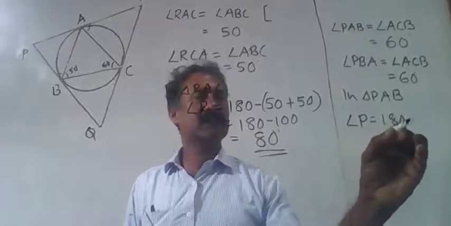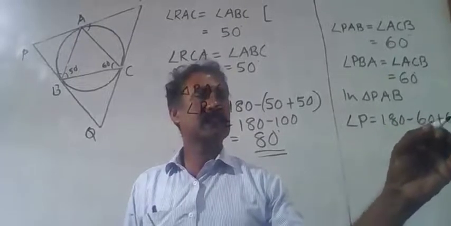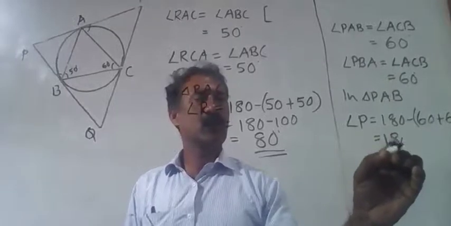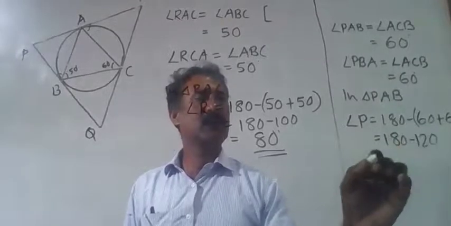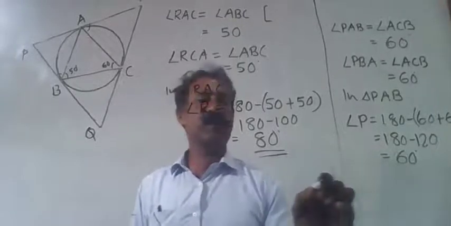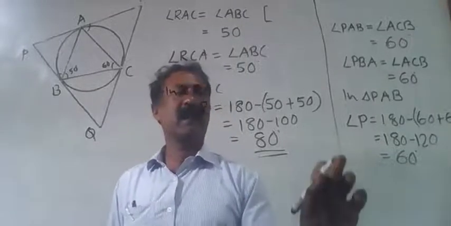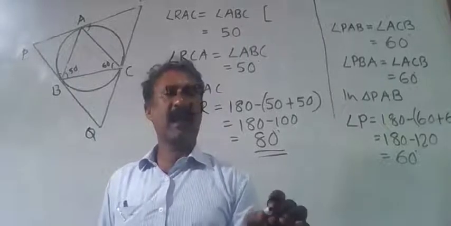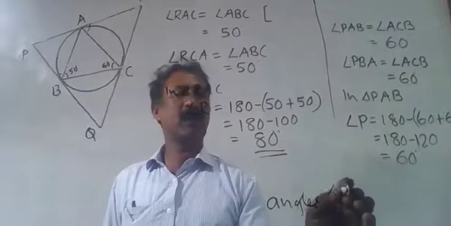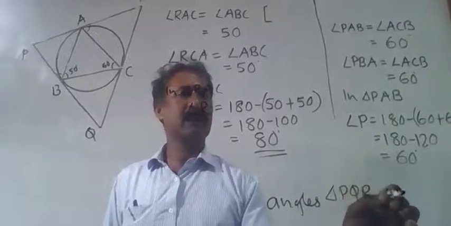Angle P equals 180 minus (60 plus 60), that is 180 minus 120, equal to 60 degrees. Angle P equals 60 degrees. Therefore, we can write the angles of triangle PQR.